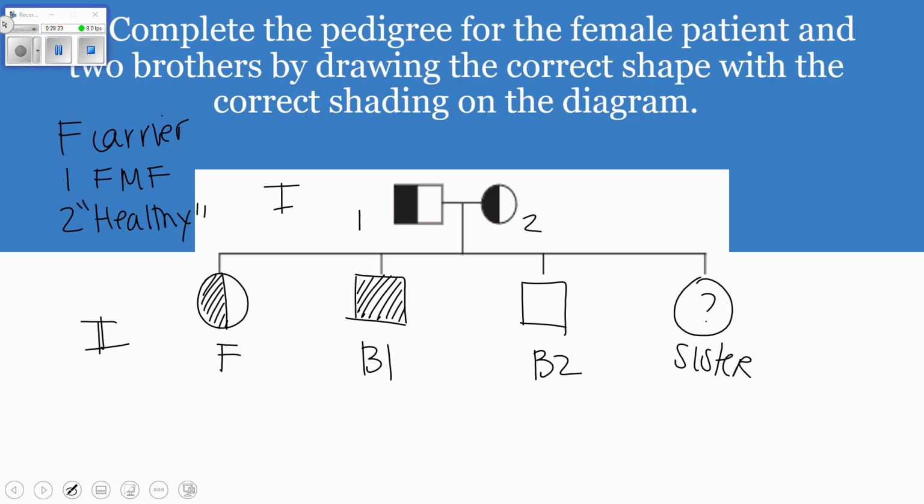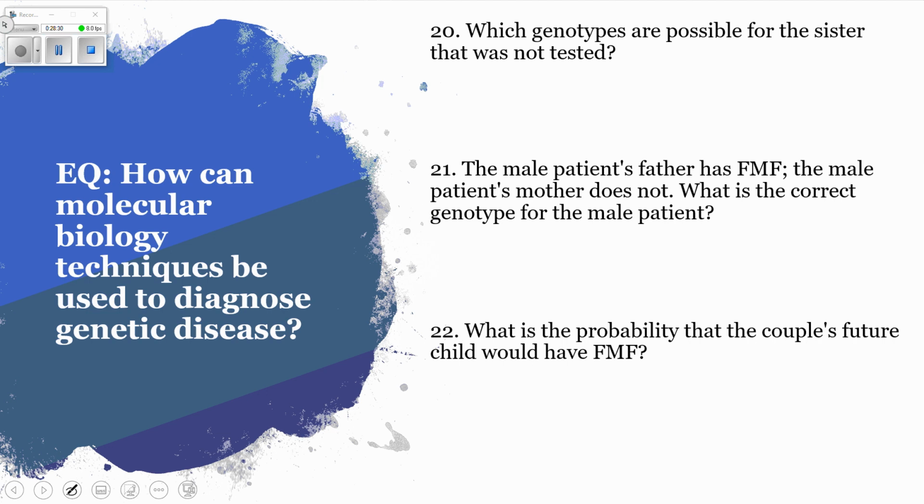Looking back really quick, note that the parents are both carriers. So from that, you're going to have to go and make a Punnett square. Remember, you separate the alleles when you make a Punnett square, and then you drop them down and bring them across.